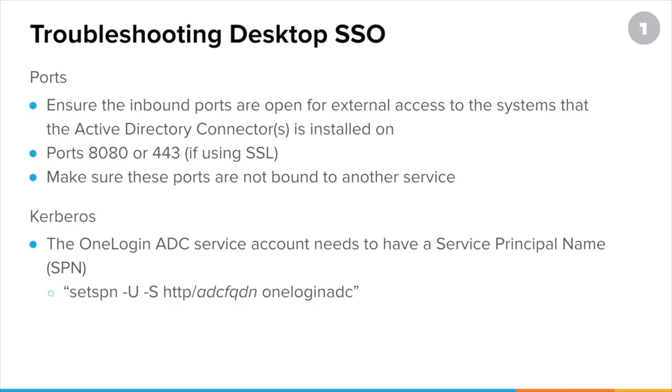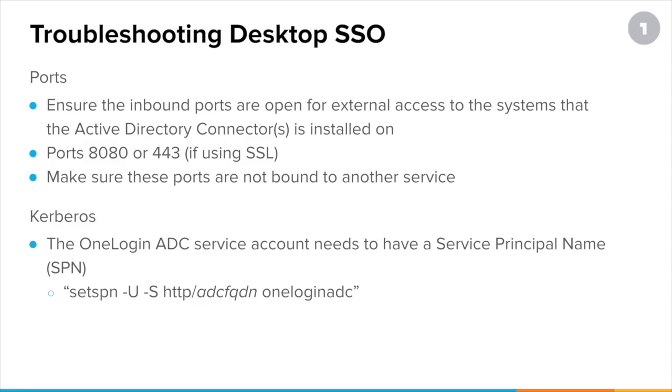Again, the default is 8080. We have walked you through how to configure it for 443, so you need to make sure, if you have any firewalls running internally that might block that communication between your workstations and the ADC instance servers, that port 443, or if you're using it, port 8080, is open.